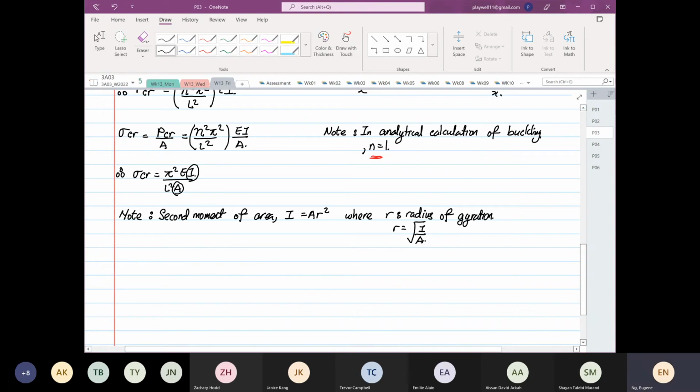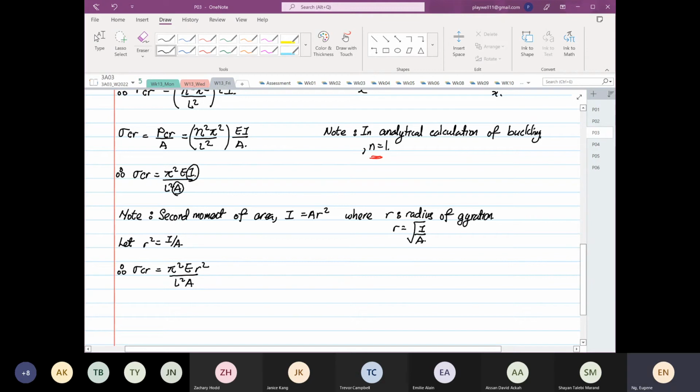So we're going to let r squared be equal to I over A. Right? R squared is equal to I over A. So we change, and therefore our critical stress is equal to pi squared E r squared over L squared.